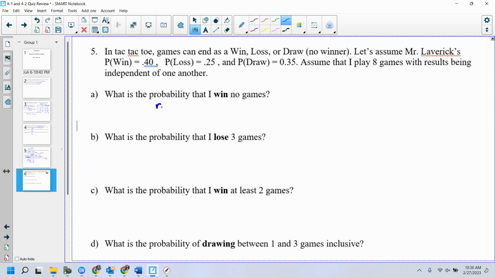Okay, so in this case, my n is 8. What is x? 0. What is p? Probability of win is 0.4. So that's going to be 8C0, 0.4 raised to the 0, 0.6 raised to the 8.